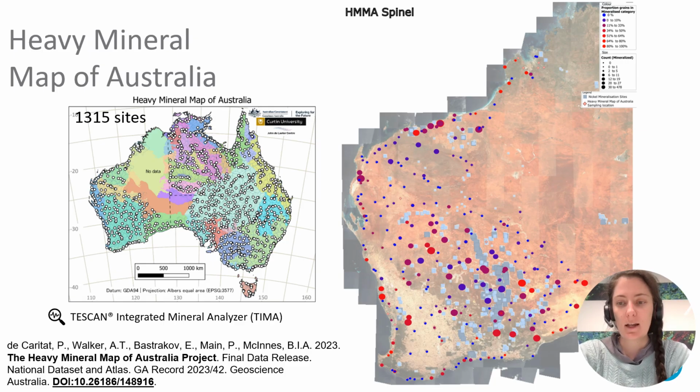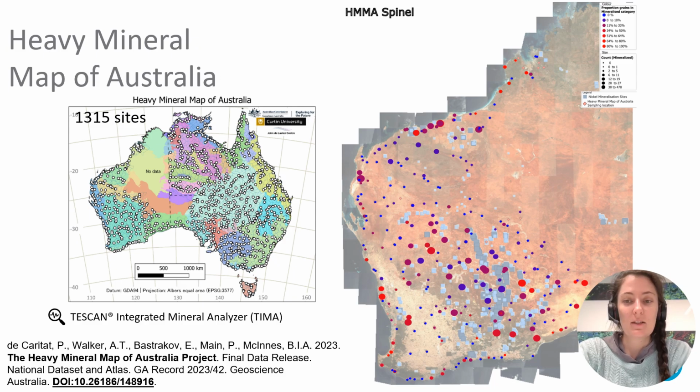So using this data we collected, we can turn toward other sources of TEMA or laser data and use these machine learning models to make a comment about the prospectivity for nickel in areas. So what we're looking at on the screen is the heavy mineral map of Australia that was published by Geoscience Australia and Curtin University late last year.